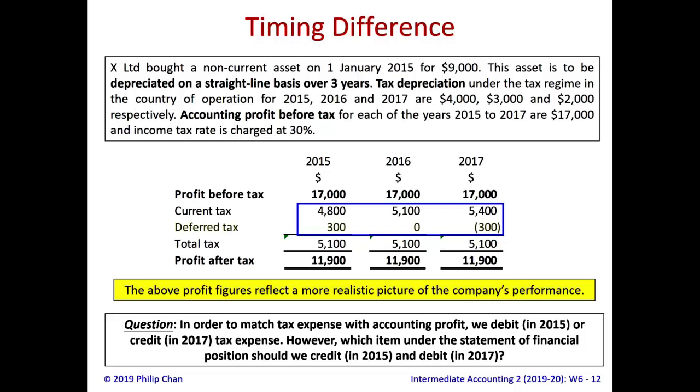Which account under the statement of financial position should we credit? Now remember, if we debit the tax expenses of 300, then in order to balance debits and credits, we must credit another account within 2015. What's the name of that account? And the same thing happens here. If we credit tax expenses by 300, then which account should we debit? What's the name of it?